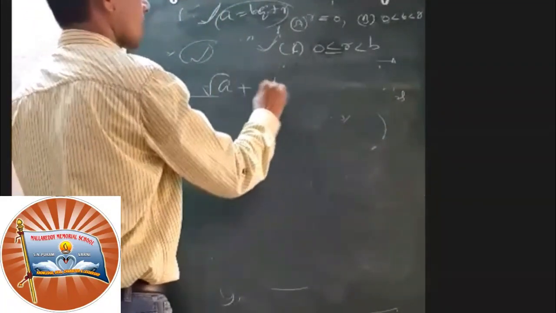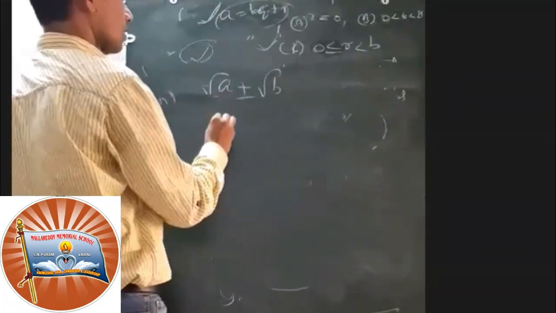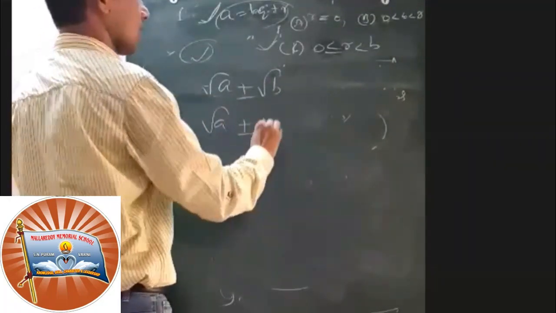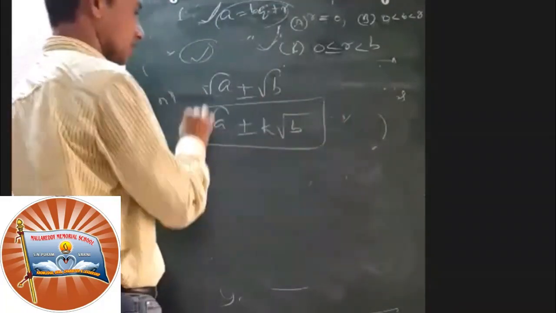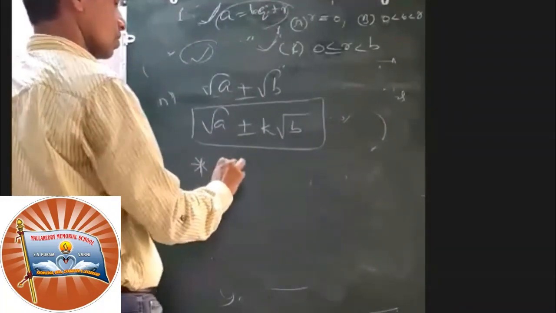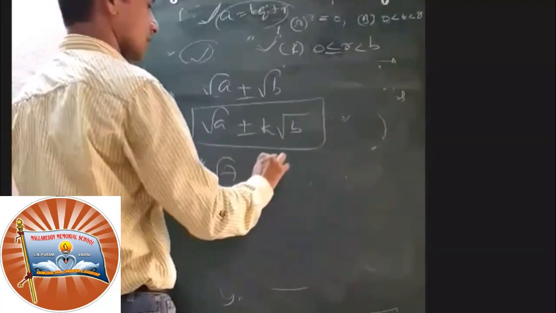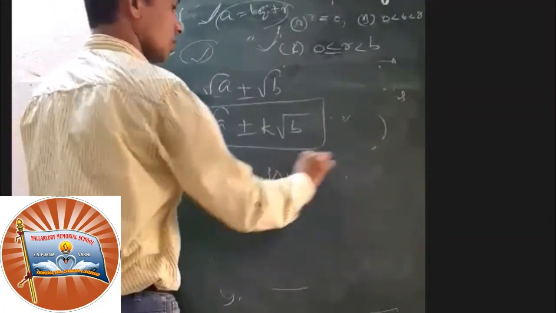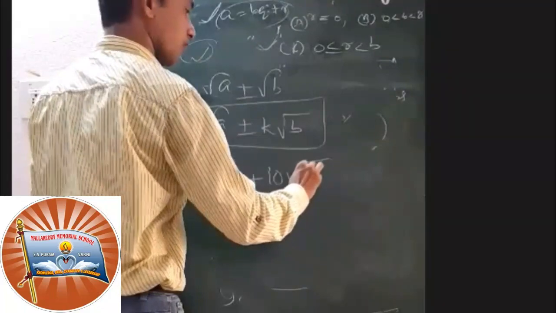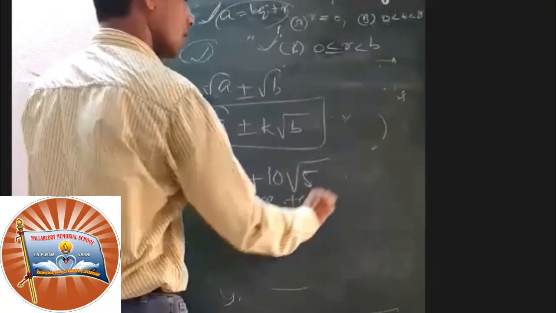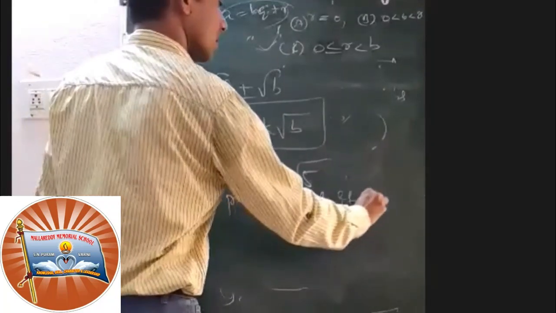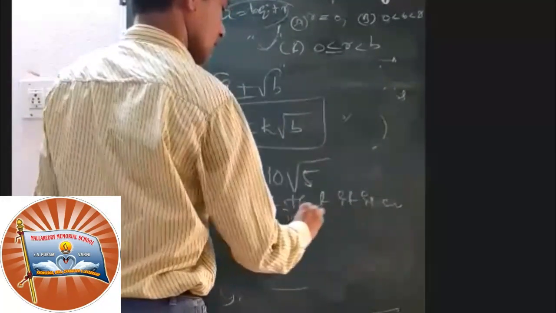Root a plus root b, or root a plus some constant k into root b. These are the kind of questions you may get. For example, root 7 plus 10 into root 5, prove that it is irrational.